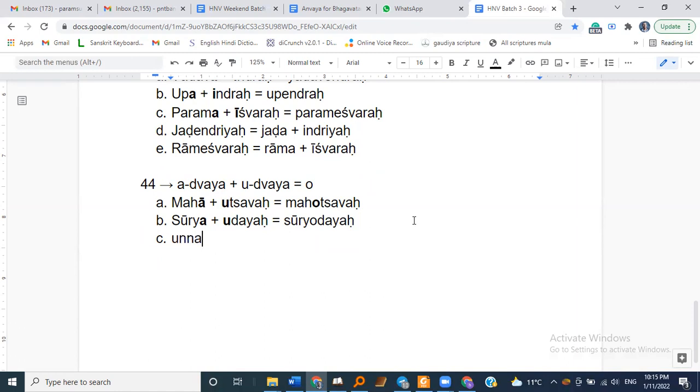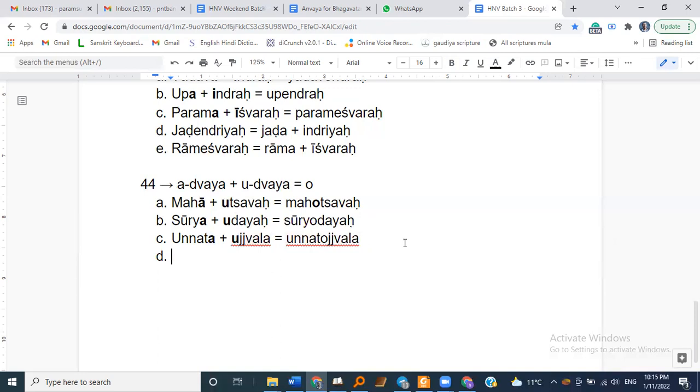So Unnata Yukta Ujjvala. Again, so it turns into Unnatojjvala. So we have this Rama followed by U Rama. So we get Unnatojjvala.